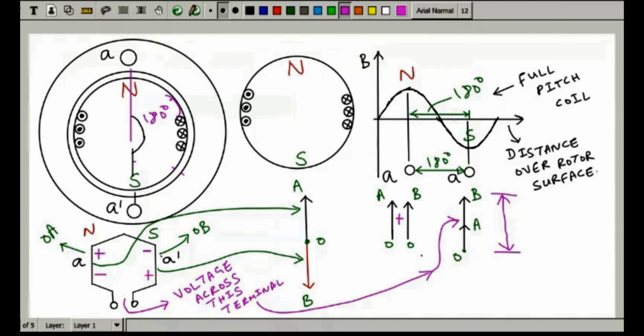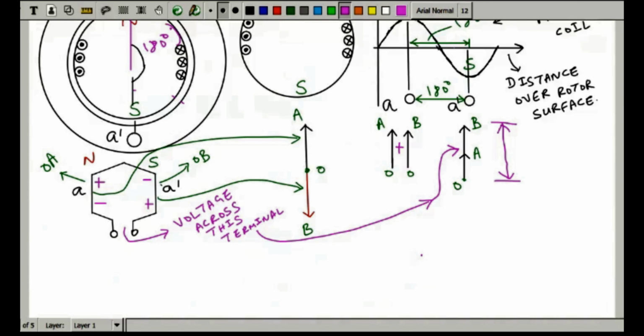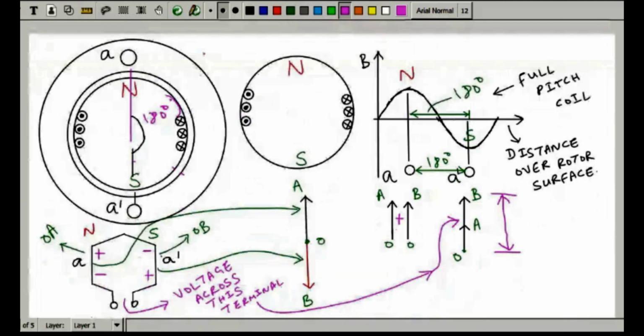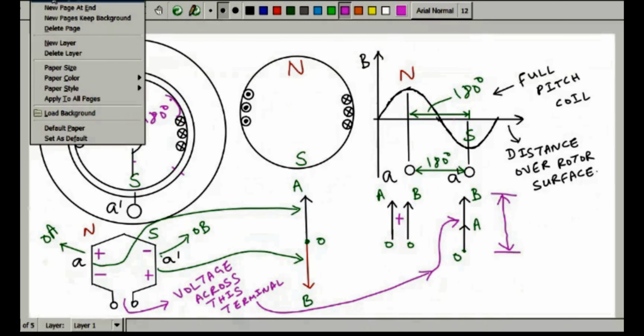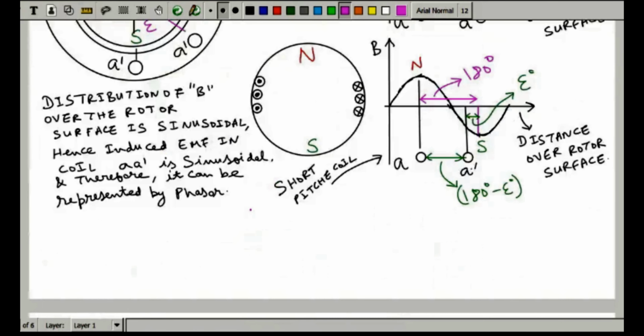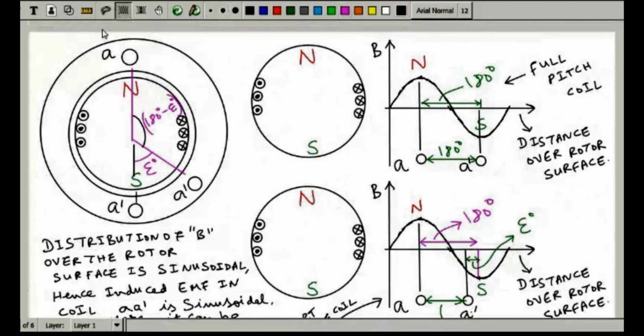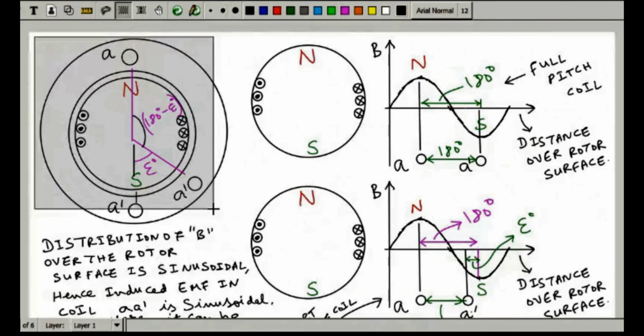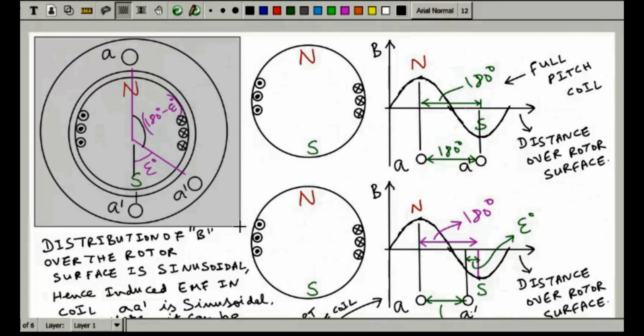Now what about the short pitch coil? Let's see how we are going to find it. So again I will try to copy this off.